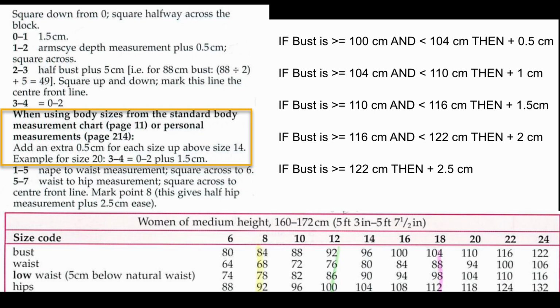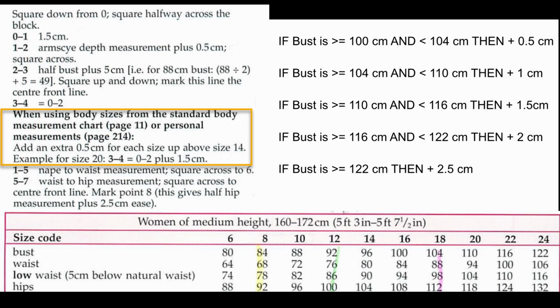So now if the bust is greater than or equal to an 18, but less than a 20, which is the 110, we're going to add 1 centimeter. And now if it's greater than a 20, but less than a 22, we're going to add 1.5 centimeters.